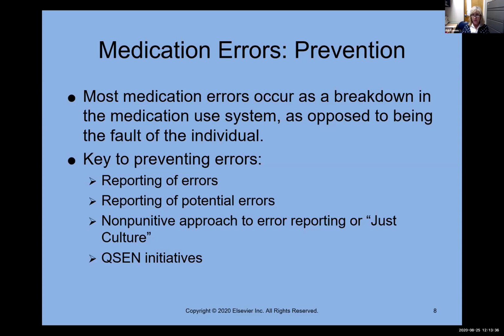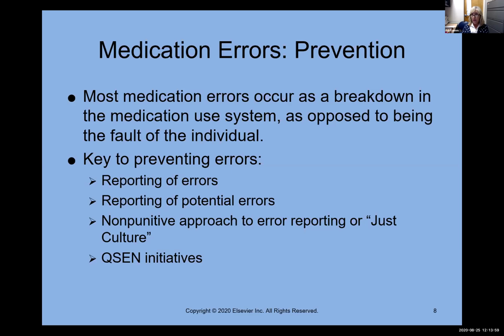But also I want to speak to this for just a minute. This is why nurses have to be ethical. You cannot have unethical people in nursing, because if you do, unethical people may not always report these errors or these potential errors. And how do we learn best?